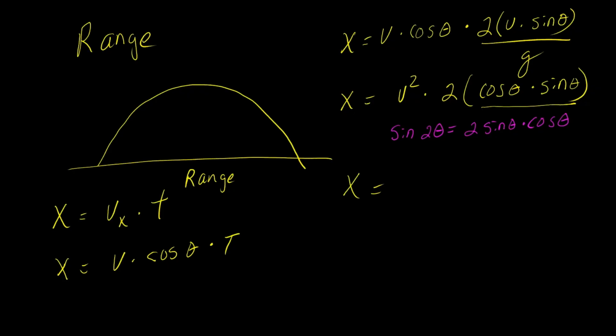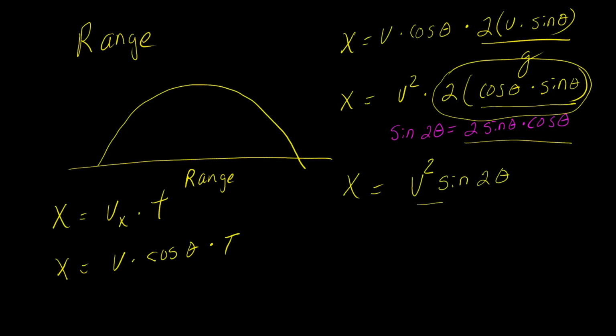All right, so all of this is going to equal this. So I can say that x is equal to v squared sine of 2 theta over g. Okay, that will be the range, or how far along the x-axis that it will travel.